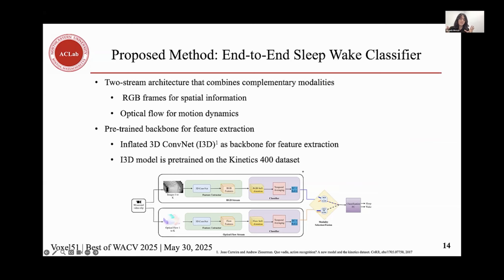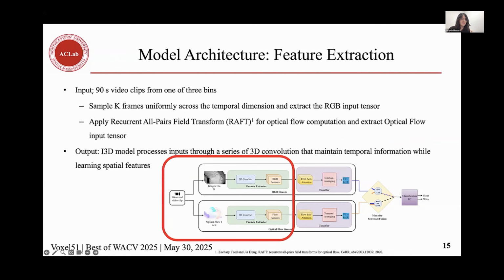It's well suited for spatiotemporal feature extraction because it extends the 2D CNN filters into the temporal dimension, enabling better motion representation throughout the 90-second clip. And it allows us to integrate both the spatial RGB features as well as the optical flow features into our model for classification. So the input is the 90-second video clip from one of the 3 bins.